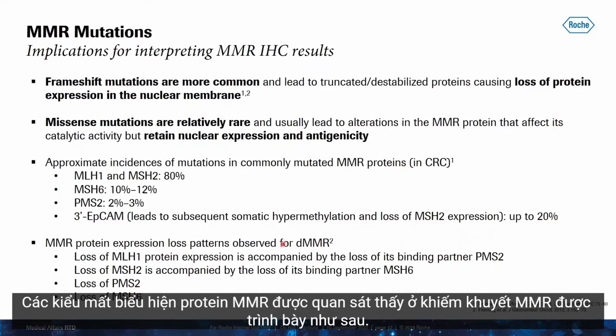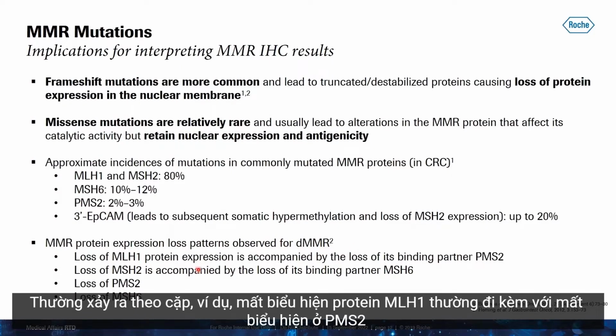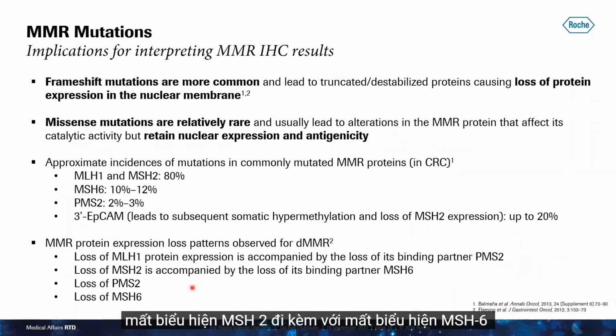MMR protein expression loss patterns observed for deficient MMR are as follows. It's usually seen to occur in pairs. For example, loss of MLH1 protein expression is accompanied by the loss of its binding partner PMS2. And loss of MSH2 is accompanied by the loss of its binding partner MSH6.